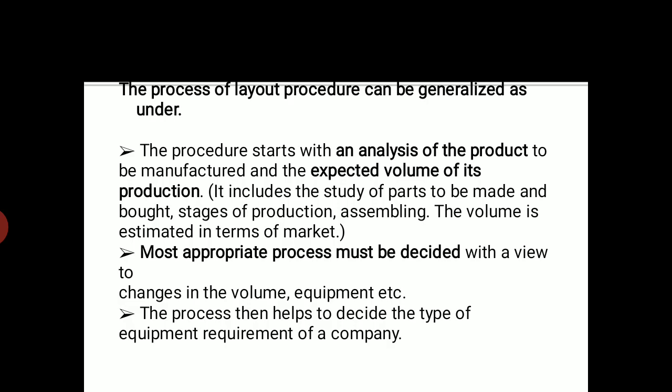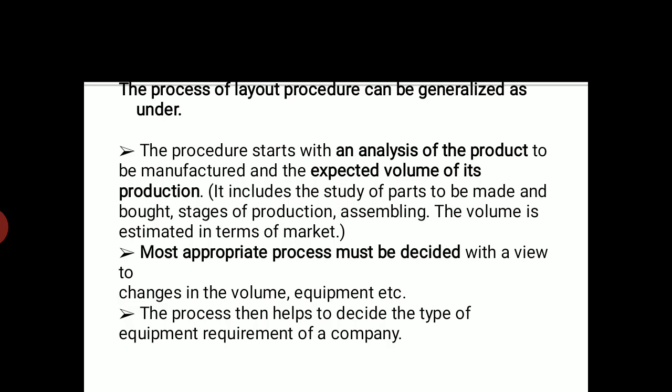As I told you before, there may be 5 stages of production, from machine 1, 2, 3, 4, 5. Whether we are going for assembling, meaning taking different parts and putting them together into a particular product, that is said to be assembling. What type of production am I going to do and how much am I going to produce, maybe at the end of the day, the week, or the month, depending upon the market demand?